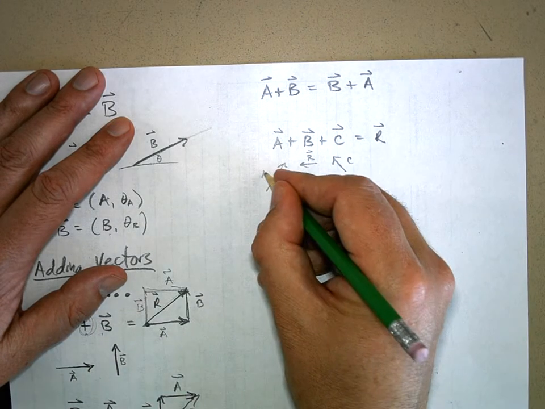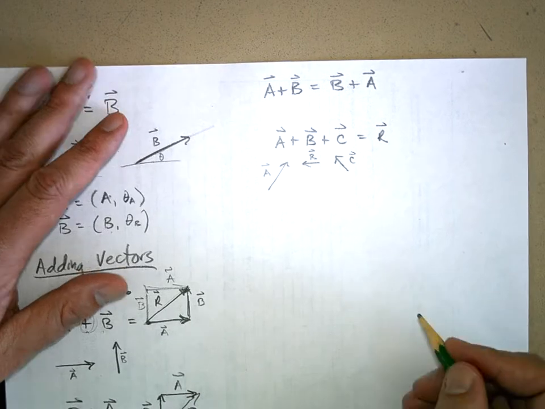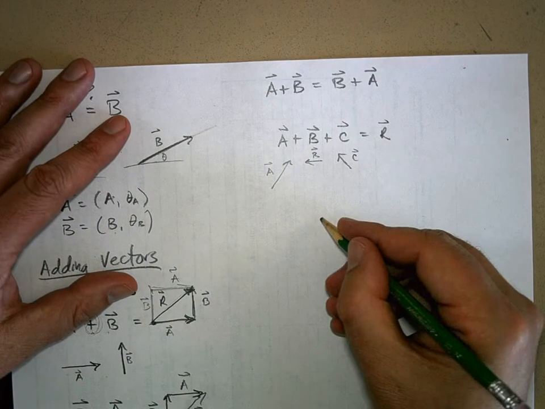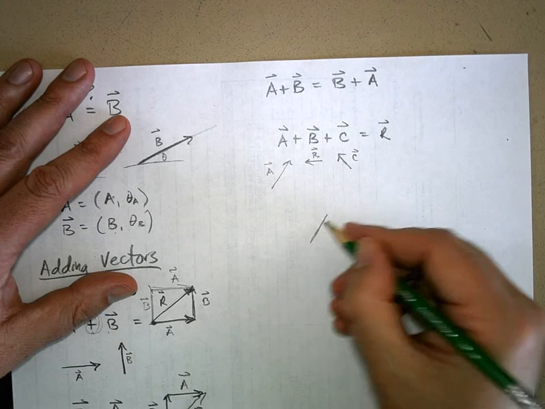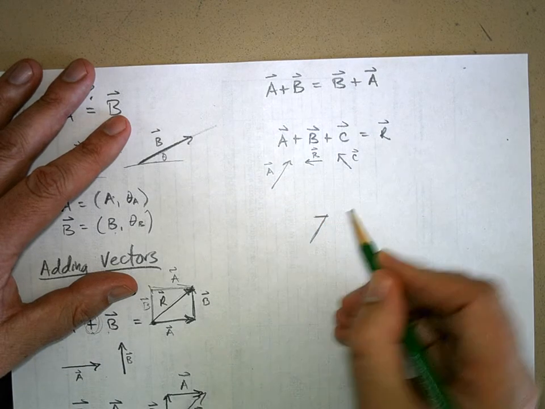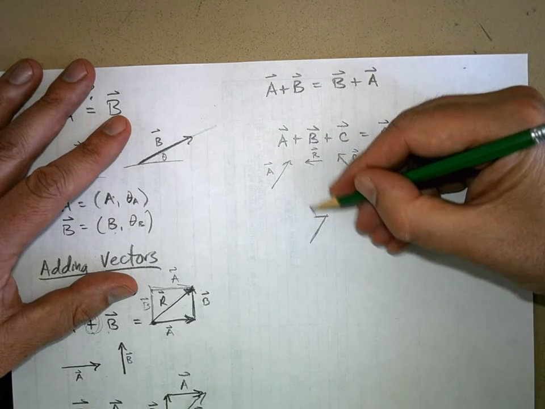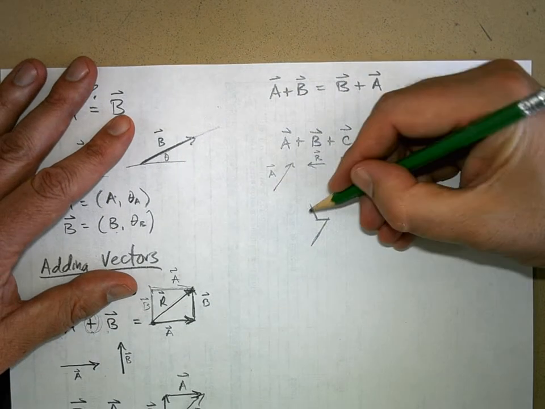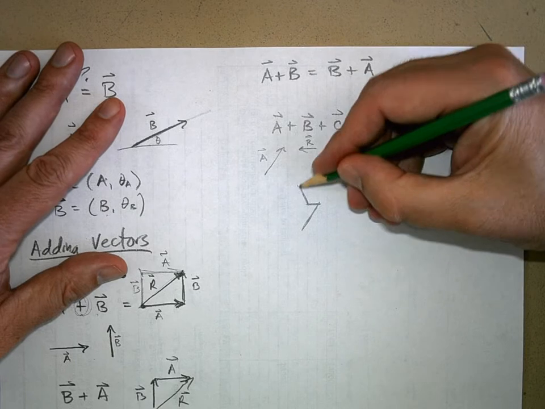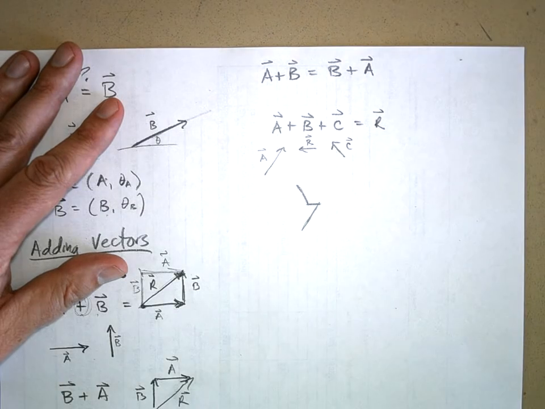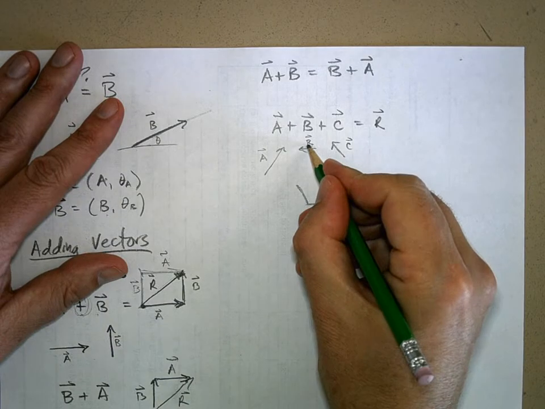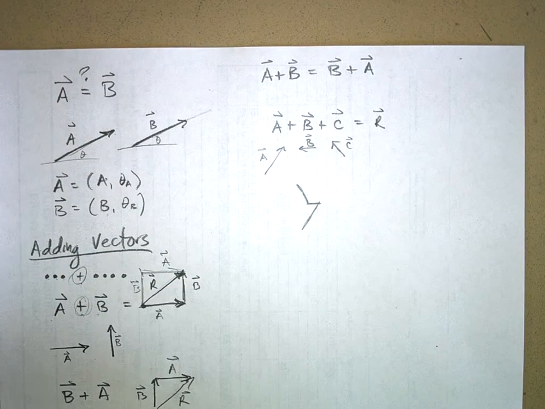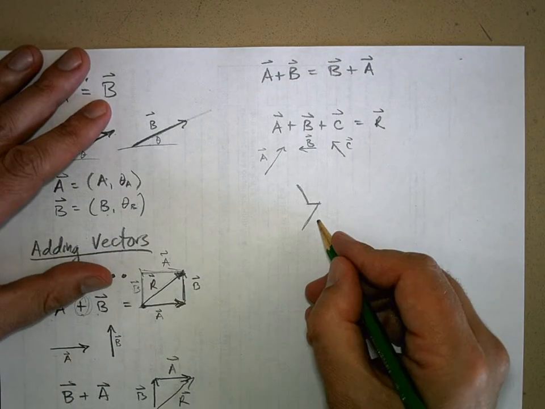First of all, I think you can see if you just practice with this, A plus B plus C, I just added them up and I got R. I just didn't finish labeling it. My pencil's getting some wood right there, and so it's not writing. So here's A, B, and C like that.